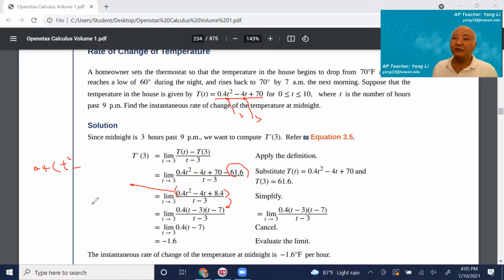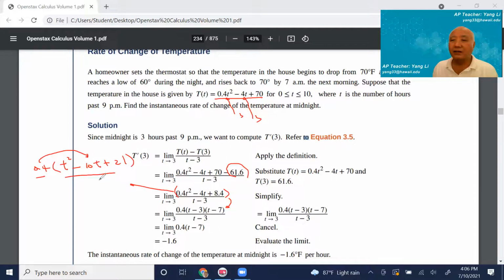You factor 0.4 out, so this one should be 4 divided by 0.4, which is 10, right? 10t. Why 10t? Because 0.4 times 10 equals 4, right? And then this one, you add 8.4 divided by 0.4, because you factored it out, right? So 8.4 divided by 0.4, you get 21.